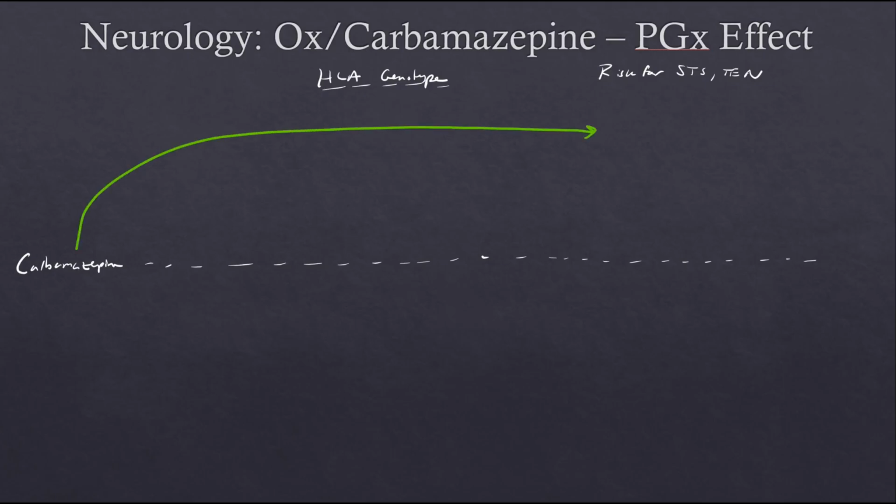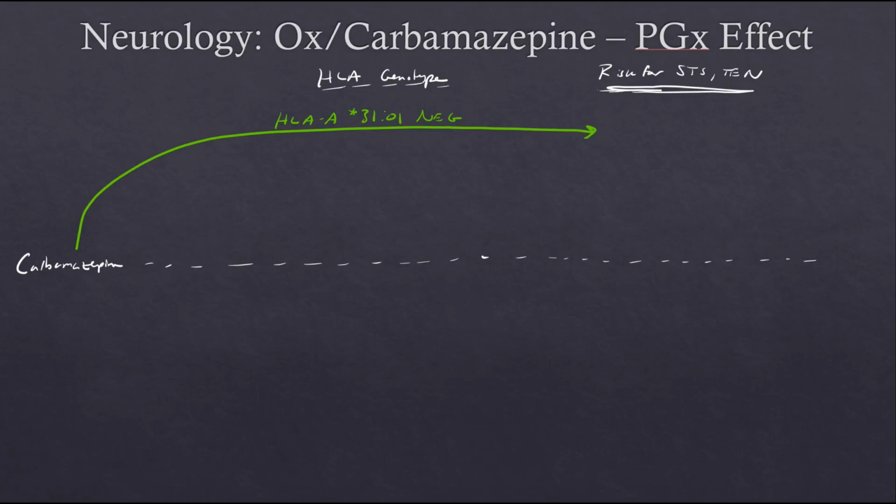So the first gene that we're going to talk about, and specifically variant, is HLA*3101. If you're negative for that, the risk for Stevens-Johnson's or TEN is considered normal.